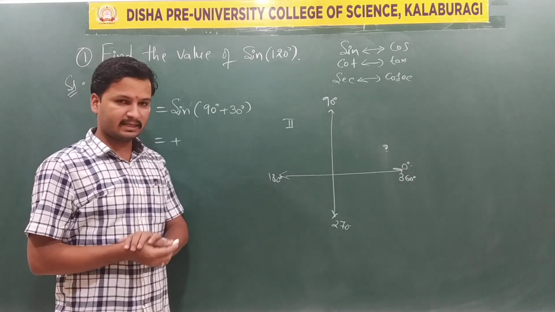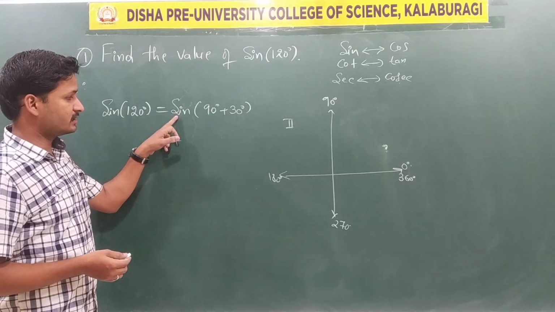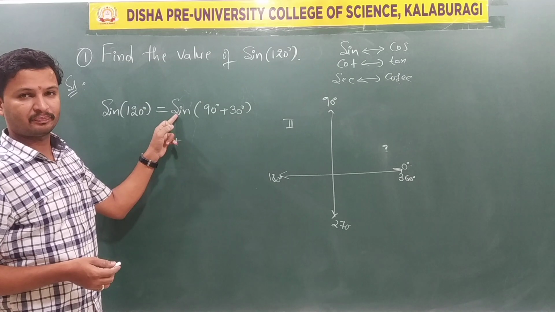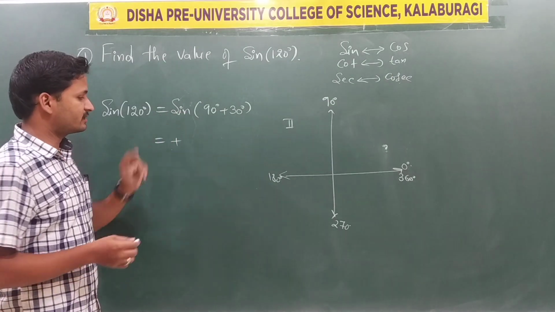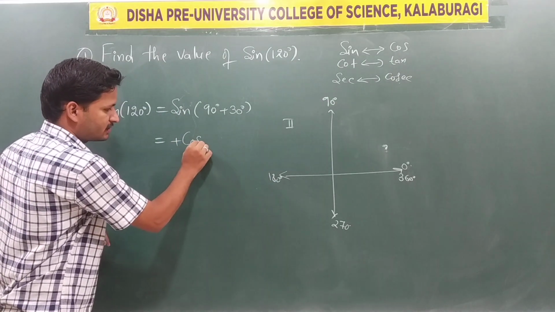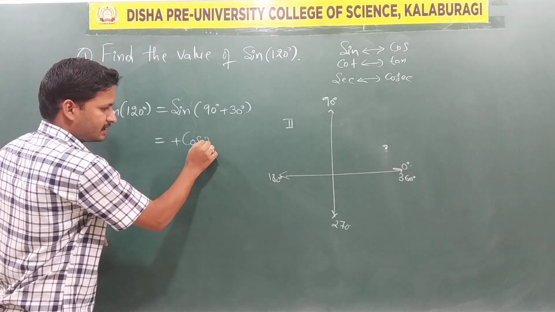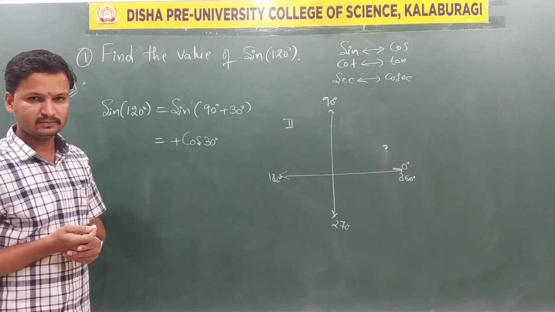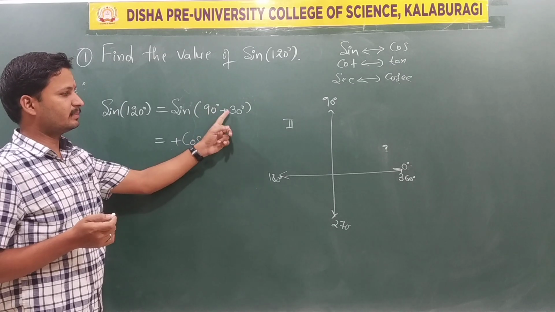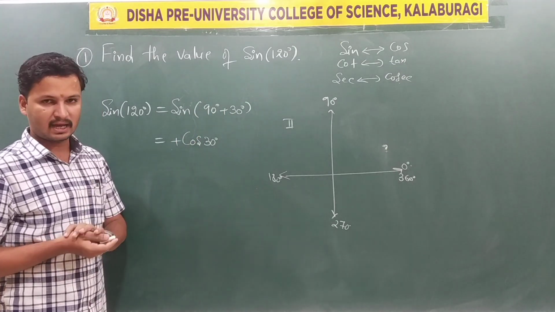So here 90 degree is there. Definitely the ratio changes. Here the ratio is sine, so sine changes to cos. The angle is 30 degree. So sine of 90 plus theta is cos theta.